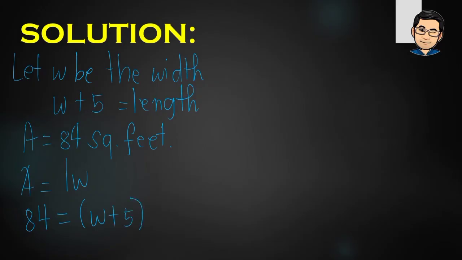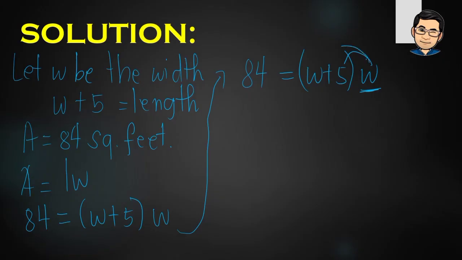And then, yung ating width, W lang siya. So, rewrite natin siya, 84 equals W plus 5 times W. And then, itong W na to, i-distribute lang natin siya dun sa terms na nasa loob ng parenthesis.